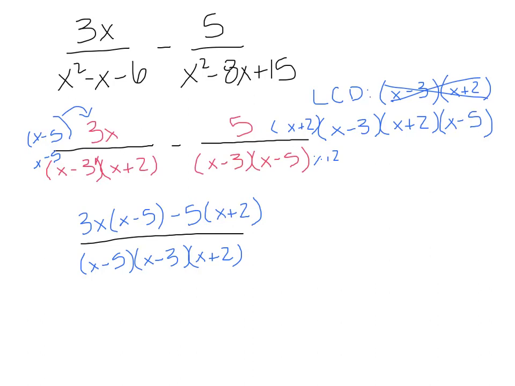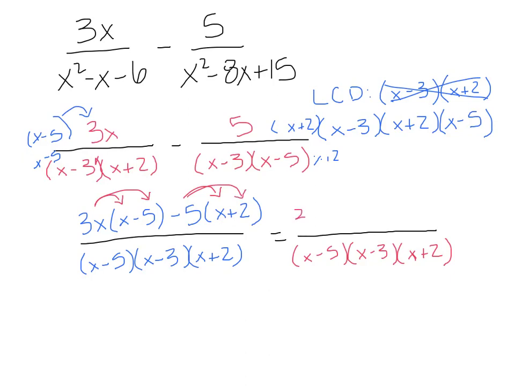Alright, so now we can simplify a little bit. Again, that least common denominator is going to be x minus 5 times x minus 3 times x plus 2. These problems get pretty long. I hope I have enough space. To find my numerator, I'm going to need to distribute a little bit.